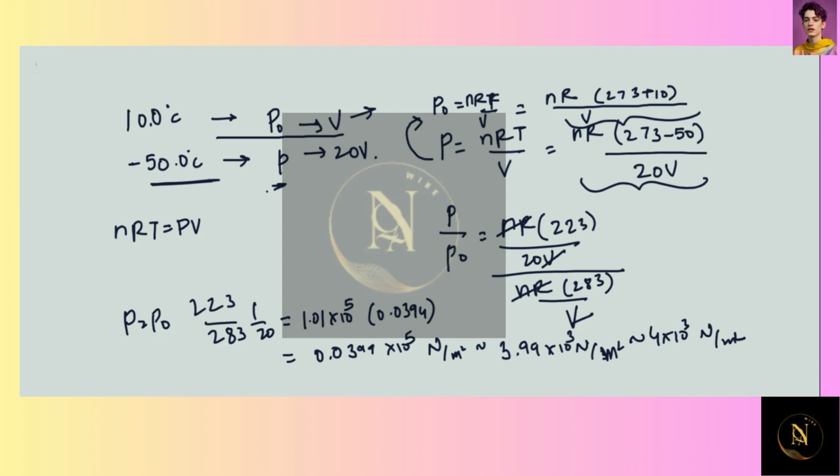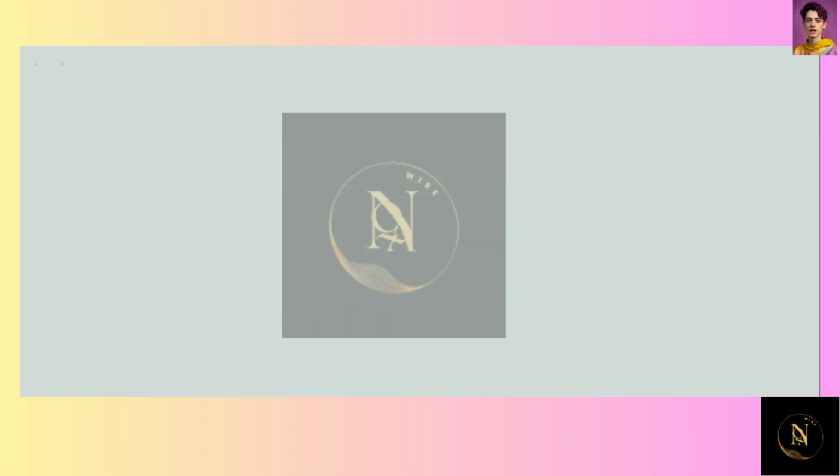Now that we have the absolute pressure, we will find our gauge pressure. Our gauge pressure is simply our absolute pressure minus the atmospheric pressure. We saw that our absolute pressure was 4 into 10 cube Newton per meter square, minus our atmospheric pressure, 1.01 into 10 power 5 Newton per meter square.